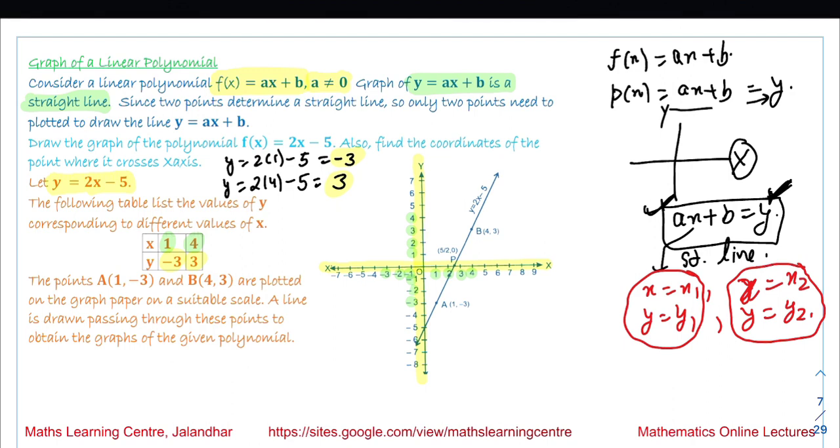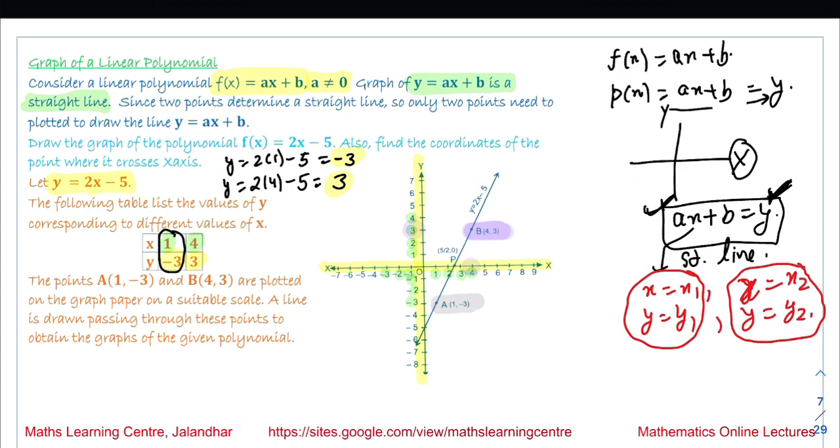Then we have plotted the point 1 comma minus 3. On the x-axis this point is 1, and on the y-axis this point is minus 3. Similarly, we have plotted the point 4 comma 3, corresponding to 4 and 3. We are saying this is the point B.